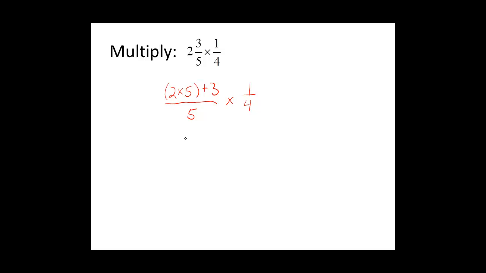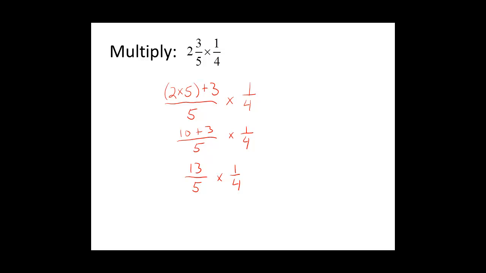2 times 5 is 10 plus 3, and then 10 and 3 is 13 over 5 times 1/4. Now we will multiply as we were multiplying fractions.